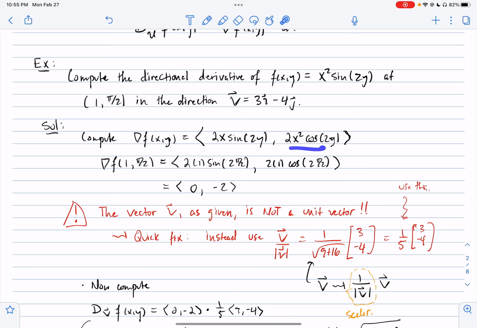And if I take the partial derivative with respect to y, I get 2x squared cosine 2y. And I'm looking to find the directional derivative at this point. So if I plug in 1 for x and pi over 2 for y, I find in the end that I get this vector 0 comma minus 2.